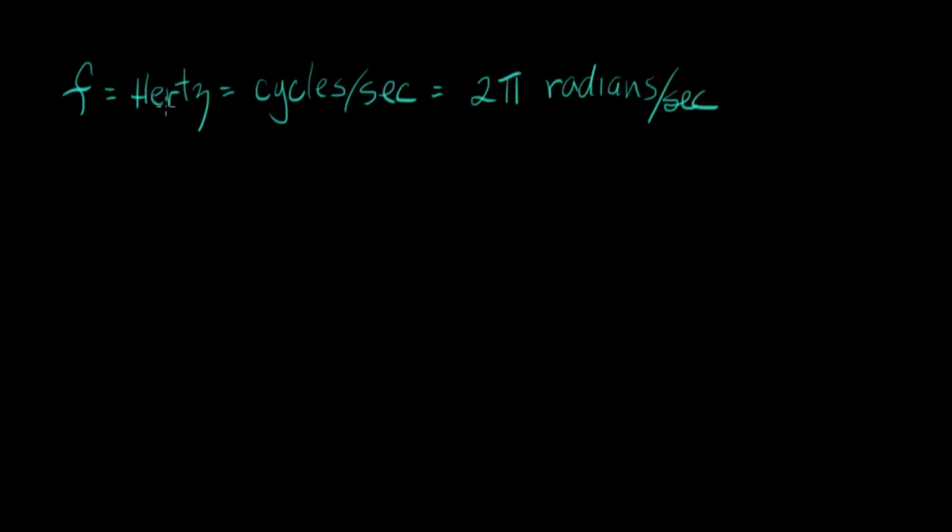So the two measures are cycles per second and radians per second, and we'll flip back and forth between those. Okay, and radians per second, the variable is omega, and that's called angular frequency, or radian frequency.